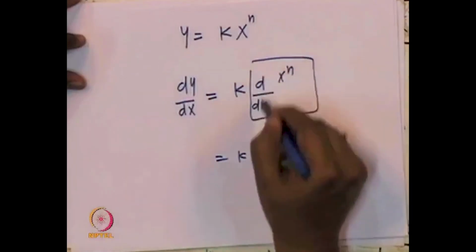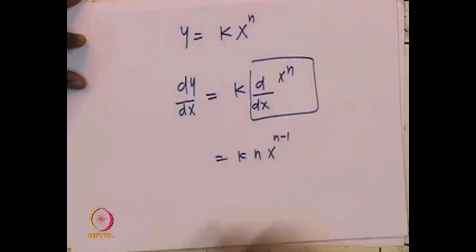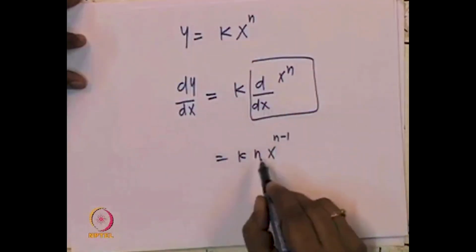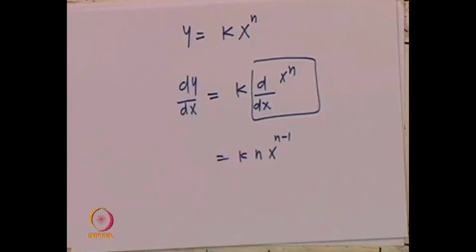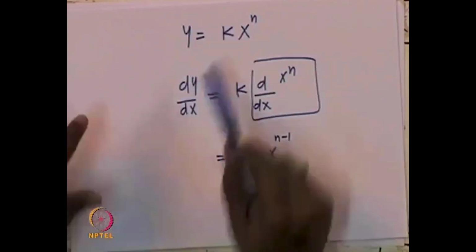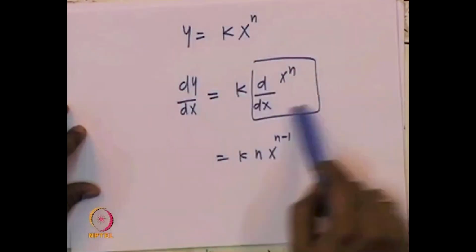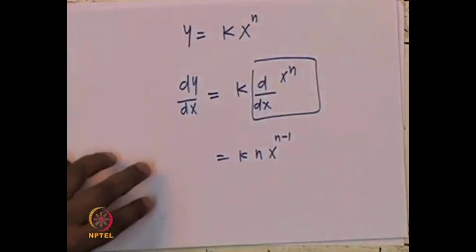According to what we learned so far, d by dx of x power n is n x power n minus 1. So dy by dx of k x power n is k times n times x power n minus 1. This is a simple extension of the rule we learned: when you multiply with a constant, it does not matter, that constant just stands there and you find the derivative of the function. So this is a constant times any function. The constant stays there and you find the derivative of the function. That is the rule in mathematics.